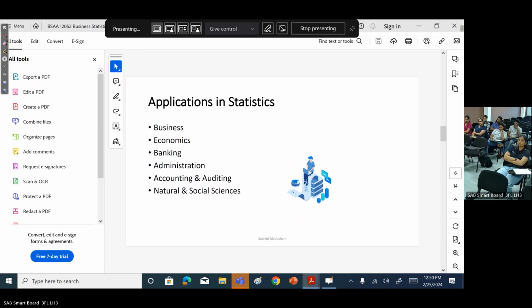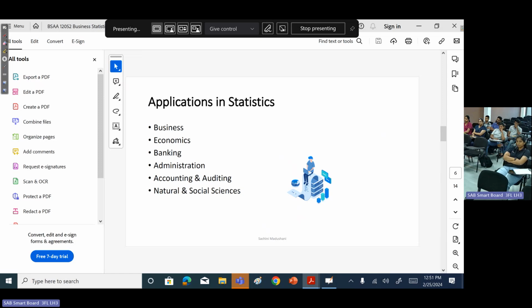Businessmen use statistics. How do they use statistics? The businessman or entrepreneur wants to make effective decisions, quick decisions. How to do that? They can use any statistical method to take quick decisions.